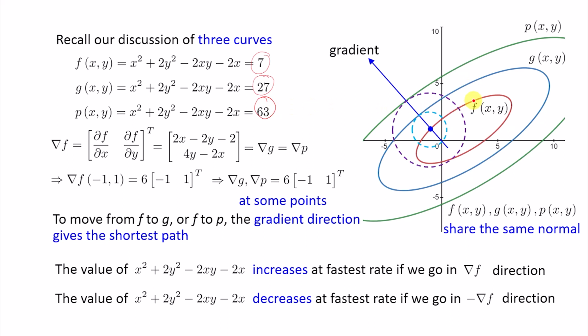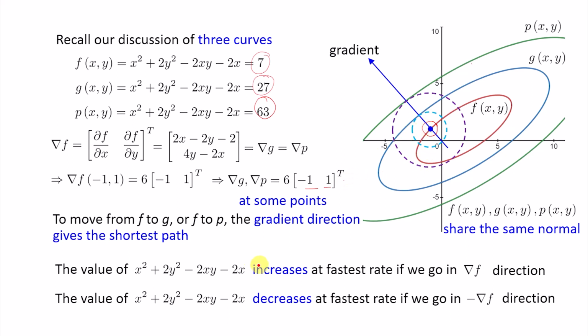So here these three curves are plotted, and we have discussed that at this particular blue point, which is minus 1, 1, if we draw the normal on this red curve, the same line will also be the normal on the other curves, that is the gradient direction. And the gradient direction at this particular point is minus 1, 1 transpose.